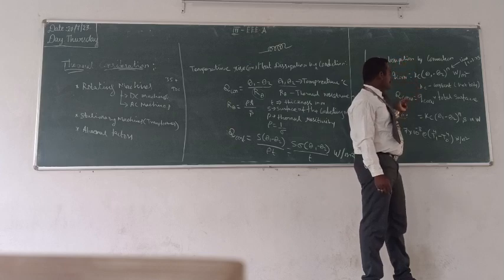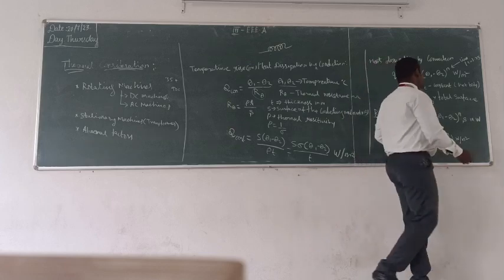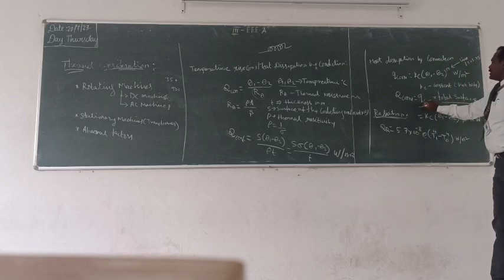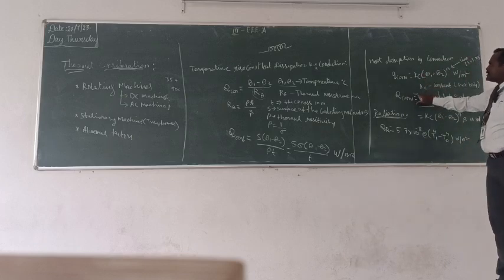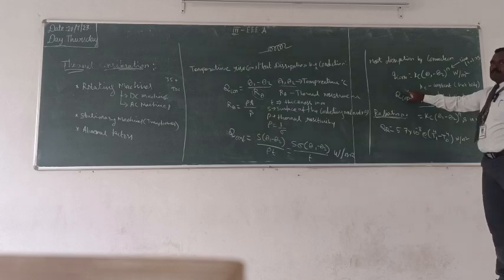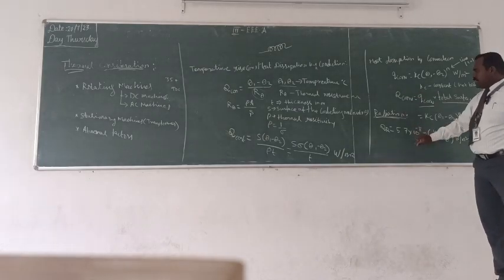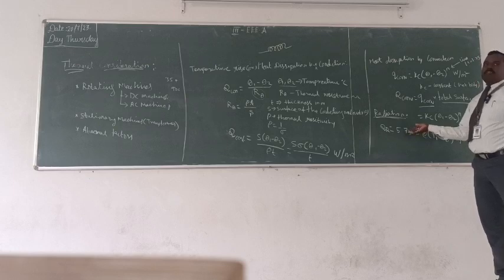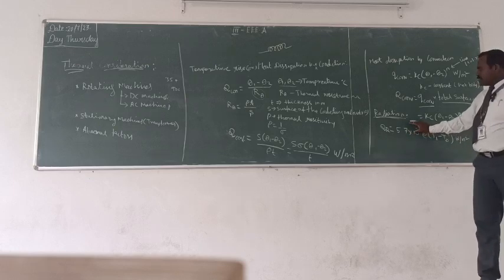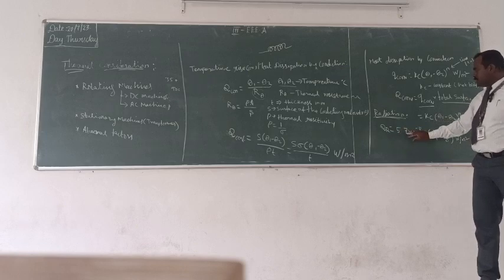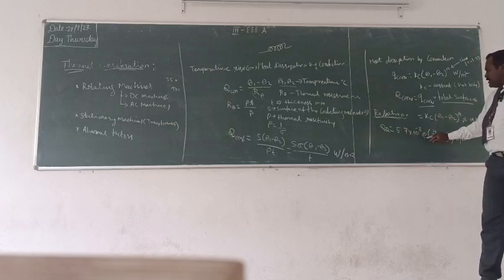So we consider the total surface: Q convection into the total surface gives the total heat dissipation of the medium. Similarly, radiation majorly occurs in mechanical parts. Here the major law is QR, which should be equal to 5.7 into 10 power minus 8, and E is the emissivity factor.